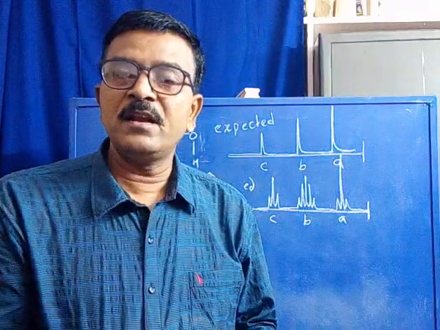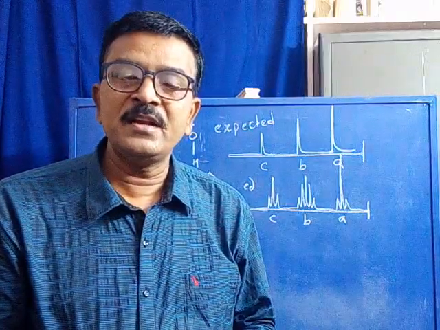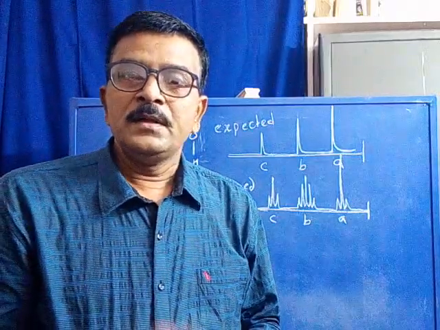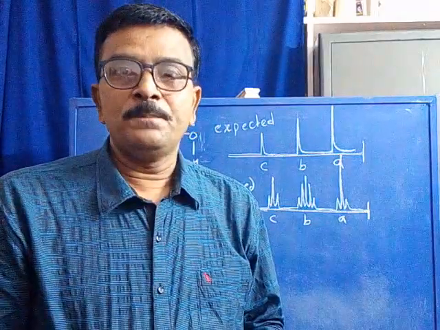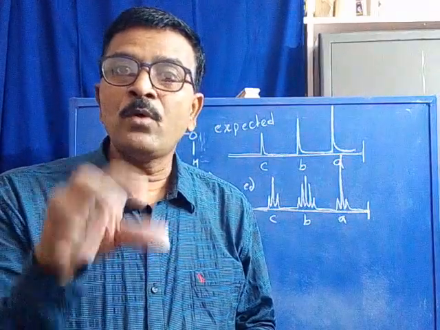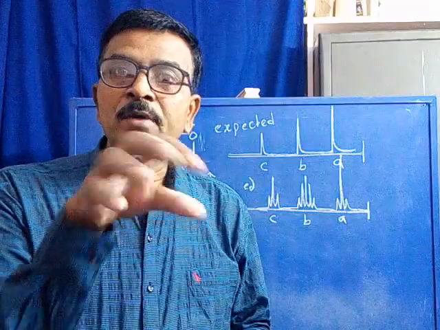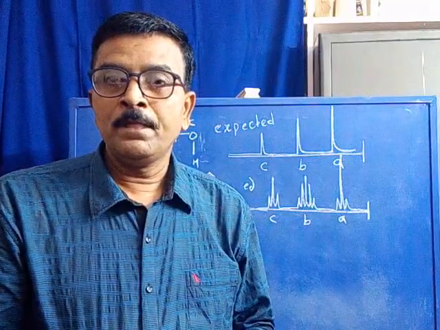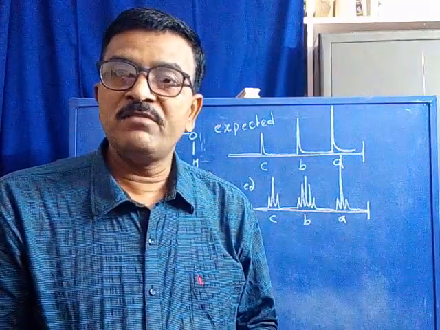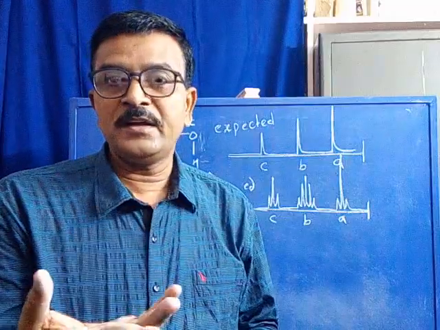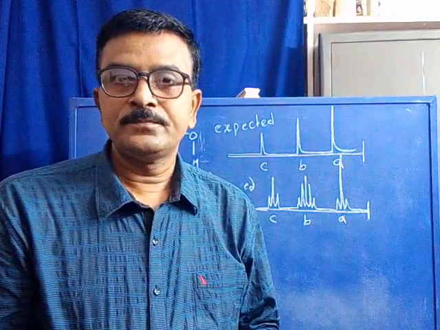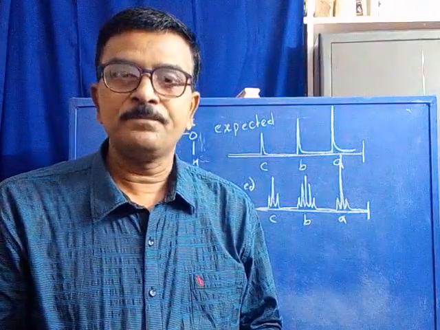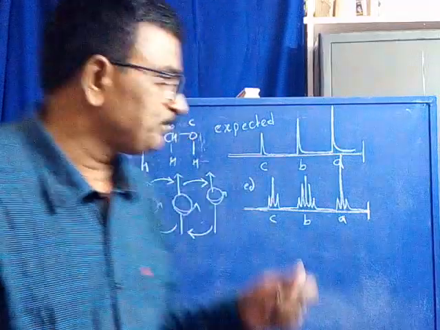That is, split signals appear, more than one line. The spin uncoupled protons, any protons not involved in the spin coupling, always appear as expected, as one line. Is it clear? Now coming to further study.